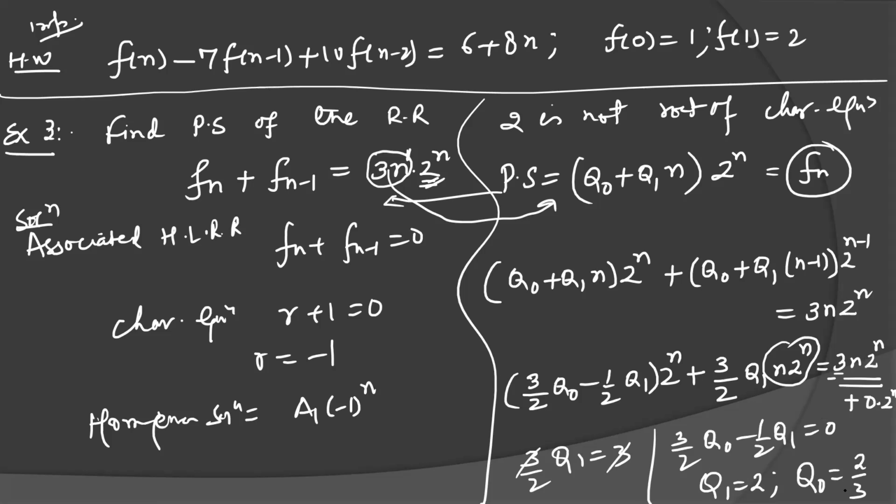It means the particular solution q naught plus q1 n, 2 to the power n, equals 2 by 3 plus 2n, 2 to the power n. So this will be the solution of this problem.